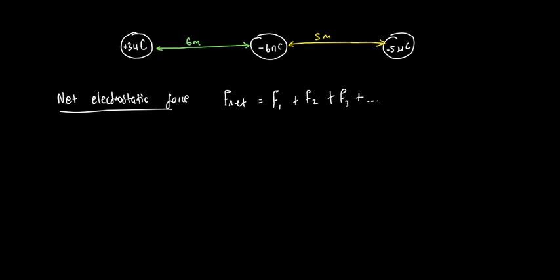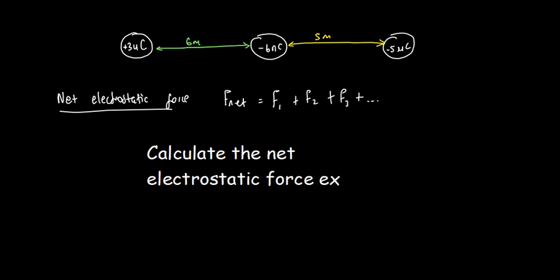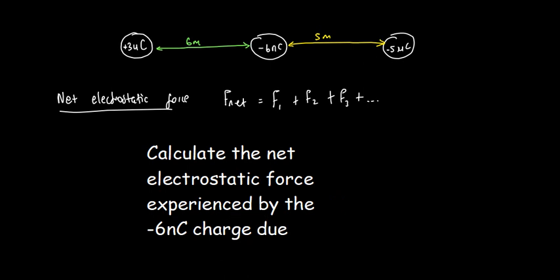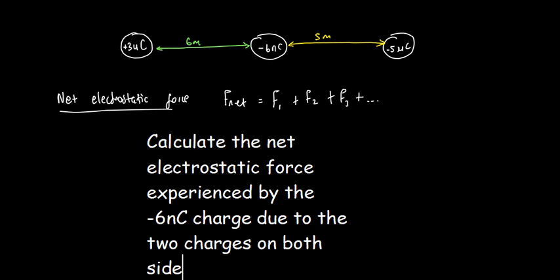So they will tell you, given the scenario above, calculate the net electrostatic force experienced by the -6 nanocoulombs charge due to the two charges on both sides of the charge.